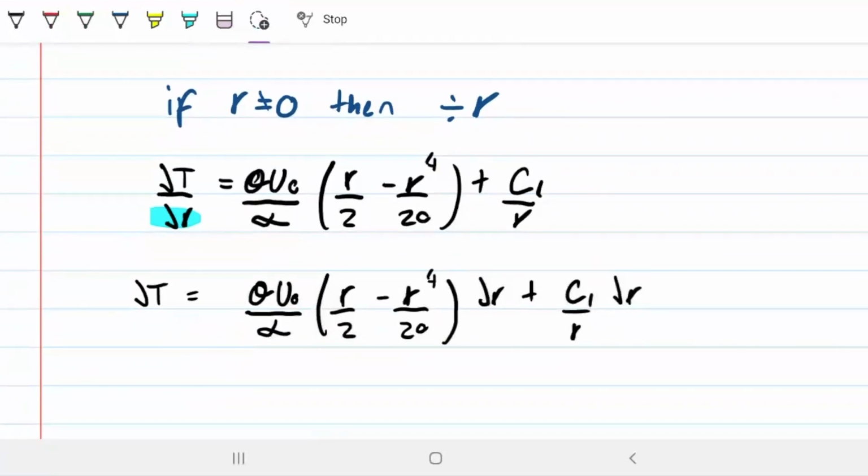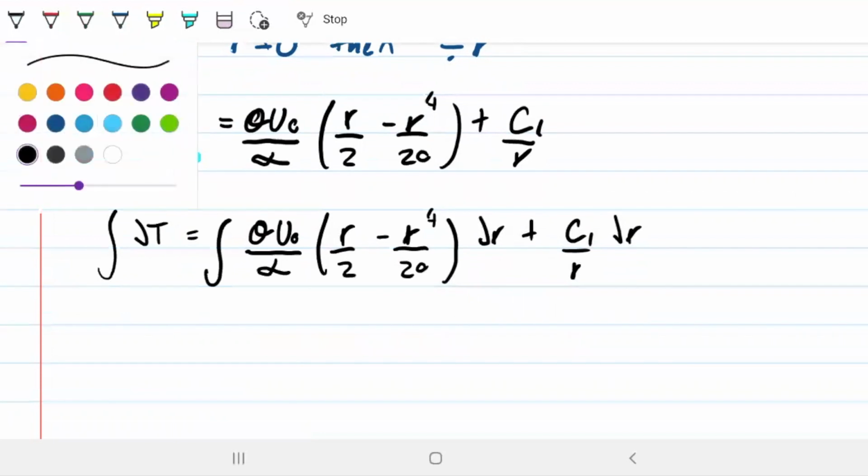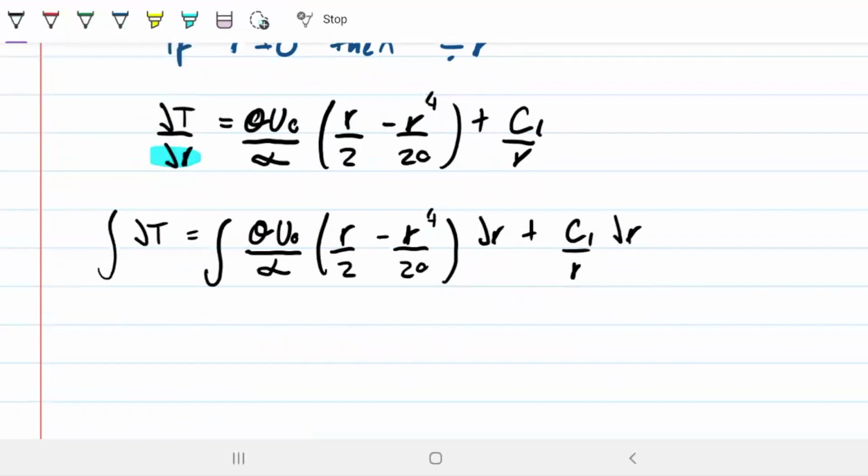Note that on the left-hand side, I'll just have temperature plus a constant that I don't know. On the right-hand side, I also have constants, so I can sum up constants and just have one constant for every single one of them. So I'm taking the integral on the left-hand side and on the right-hand side at the same time, and then obviously we'll have an additional integral over here. So it ends up being 3 integrals.